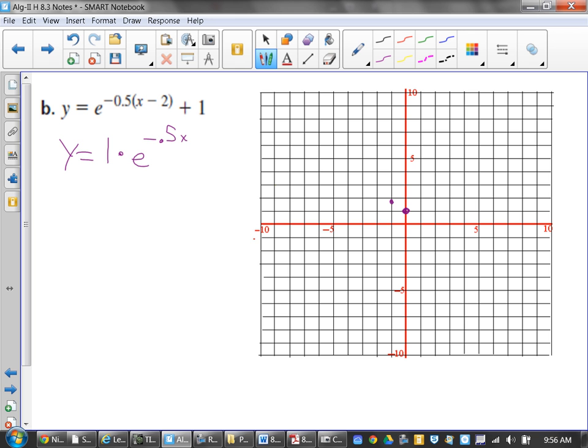So I know it's doing this. That's my parent function. To those points, what do you have to do? Shift. Which way? Right 2, up 1. Perfect. Those points all get moved to the right 2 and up 1. What do you do with your asymptote? Move it up.